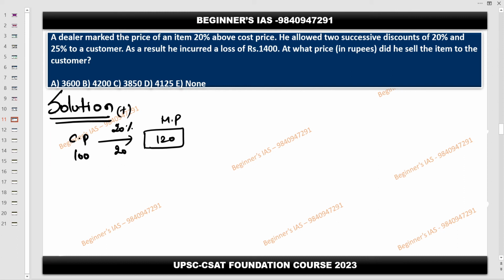So after this he has done the two successive discounts. First discount minus 20%. He allowed two successive discounts. Then what is the overall discount?